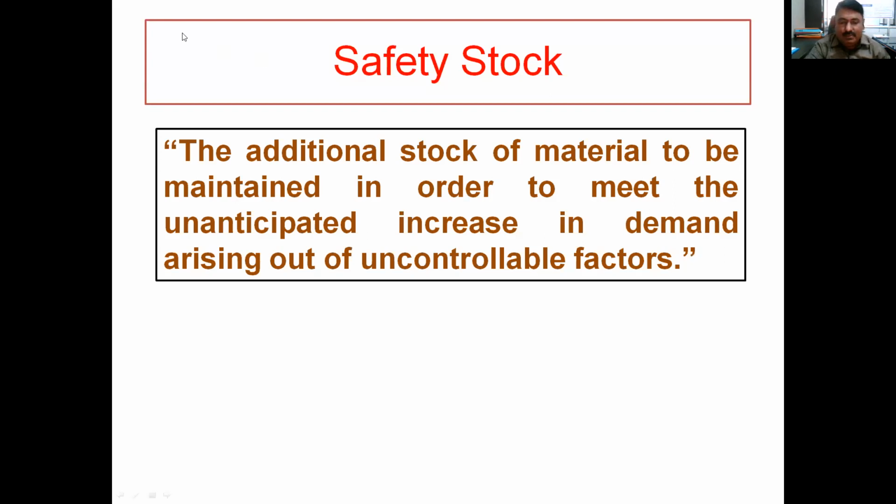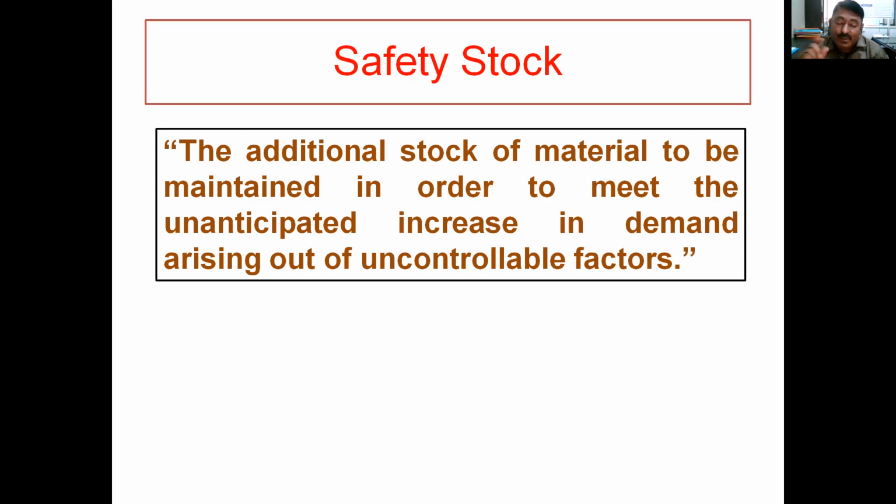What is safety stock, friends? We have already discussed it: the additional stock of material to be maintained in order to meet an unanticipated increase in demand arising out of uncontrollable factors. We have assumed that 100 demand will be there per month, but you come to know today that there will be a demand of 150. So we should have some stock of material.